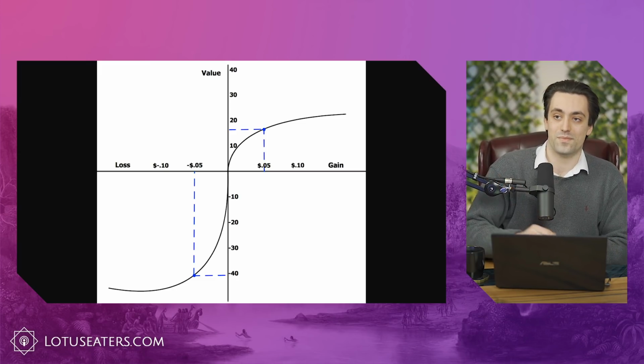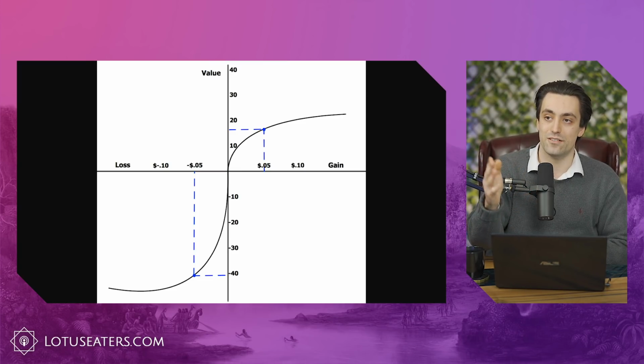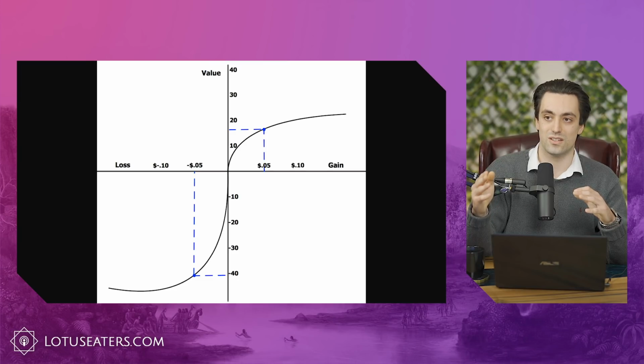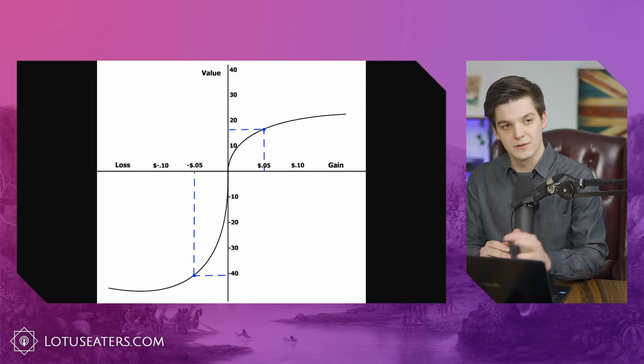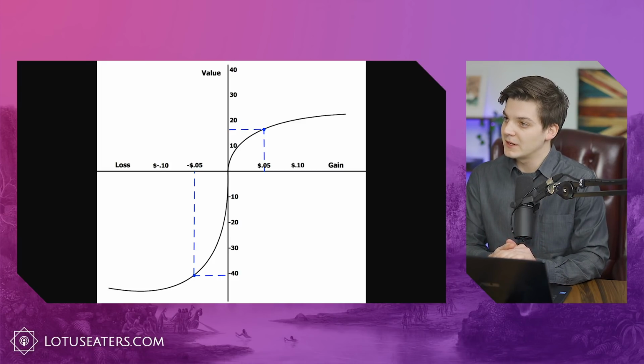In the graph here, you can see minus 5 cents has a loss value of 40, whereas a gain of 5 cents is just below 20. So the loss is viewed as twice as valuable as the gain. And that's what they found for an average person in that study.